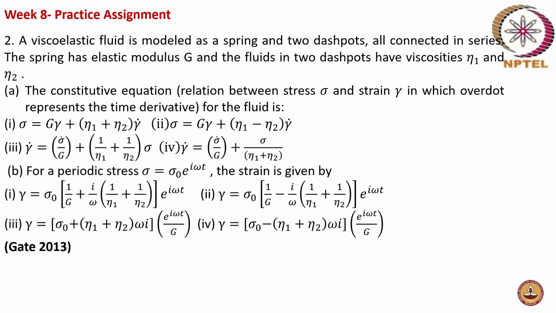Whether the strain will be gamma equal to sigma naught into 1 by G plus i by omega into 1 by eta 1 plus eta 2, whole multiplied by e power i omega t, or gamma equal to sigma naught into 1 by G minus i by omega into 1 by eta 1 plus eta 2 into e power i omega t, or gamma equal to sigma naught plus eta 1 plus eta 2 omega i into e power i omega t by G, or gamma equal to sigma naught minus eta 1 plus eta 2 omega i into e power i omega t by G. So they have given 4 options, and we have to find out the correct one.